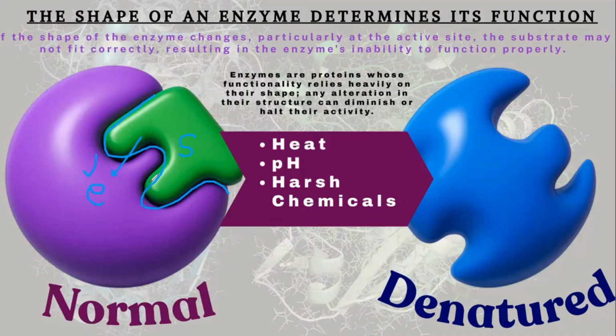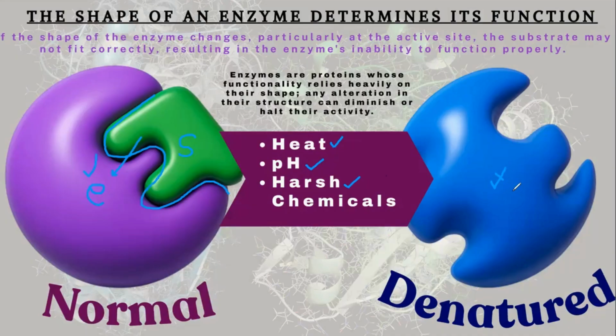However, enzymes are proteins, and they are highly dependent on their shape, which can be influenced by their environment with things like heat, like we saw with the blow dryer there, or pH or harsh chemicals. Essentially, the enzyme will become what we call denatured.